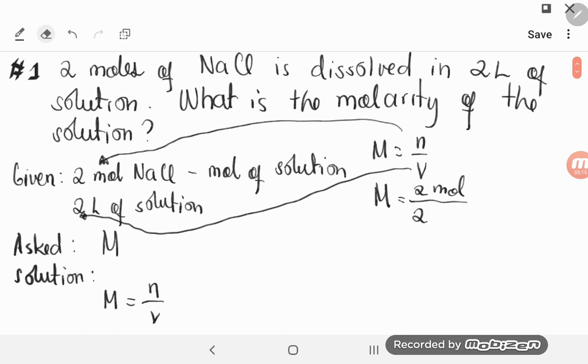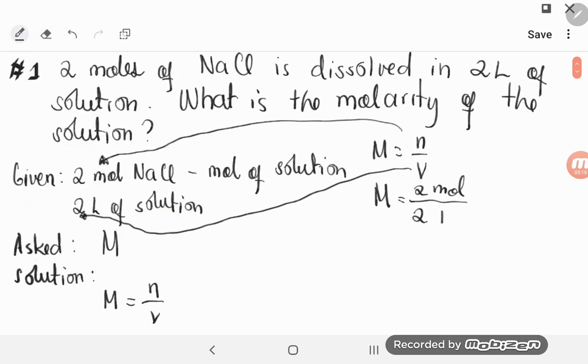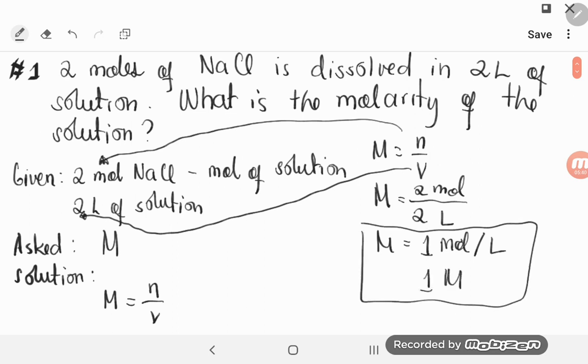It's not 2 moles, it's 2 liters. Okay, so 2 divided by 2, the answer is 1. So 1 is the answer. It could be expressed as 1 mole per liter or just 1 M. So we are done now with problem number 1.